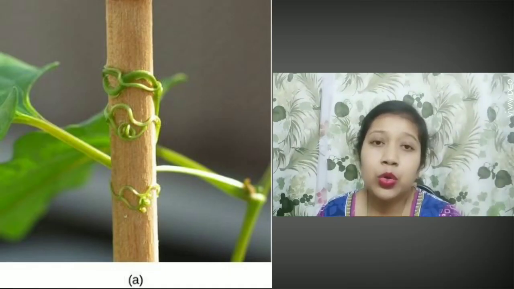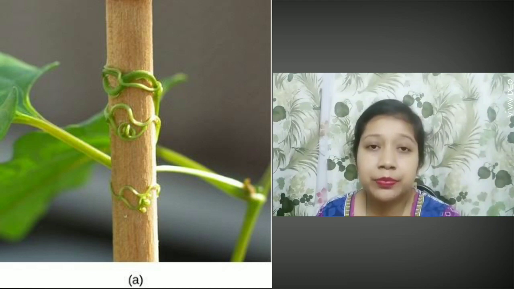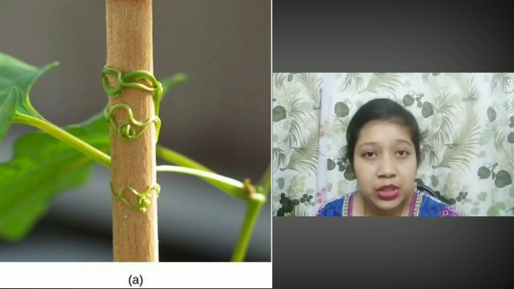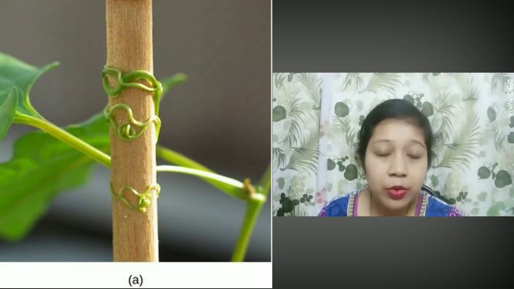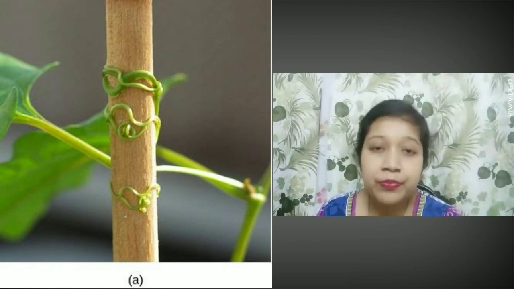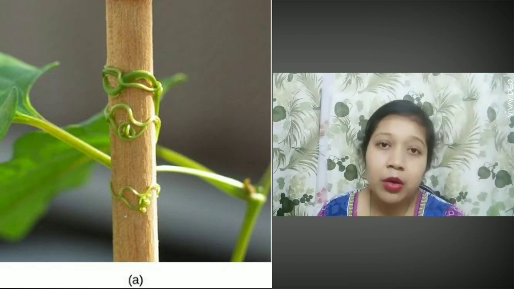Then comes the weak stem. Now the weak stems are those which cannot grow erect. They will either twine, that means they will go spirally with the help of a support, and they will climb towards the upper part, as in the bitter leaf. Then comes the black pepper.